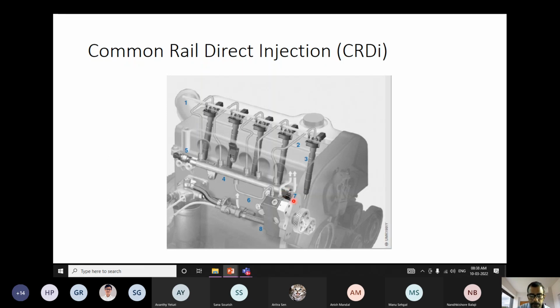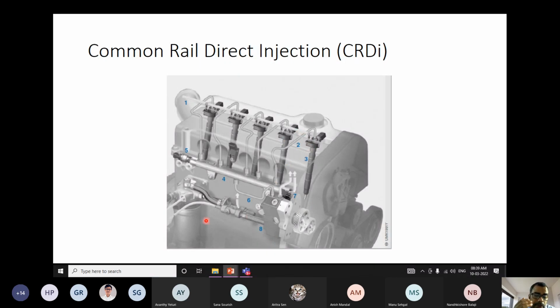So on the rail, we have two components: one measures the actual pressure inside this rail, and 7 is the pressure controller valve. 3 is your injector, the common rail direct injection CRDI injector, and 2 is the high pressure pipeline that connects the rail to the injector. So these are the hardwares.